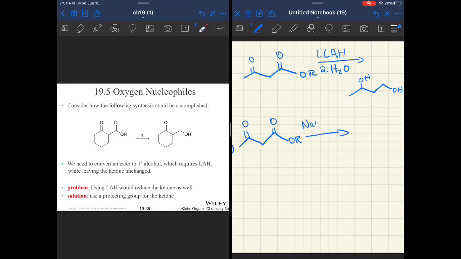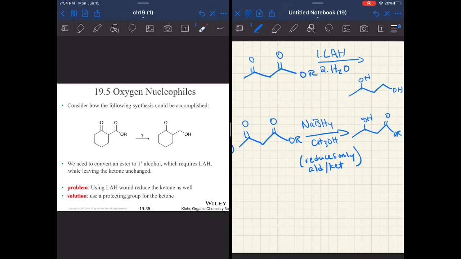If I treat this with sodium borohydride and methanol, this is a weaker reducing agent and it only reduces aldehydes and ketones. So it'll leave that ester in place, but it will reduce the ketone. Reduces only aldehydes and ketones.